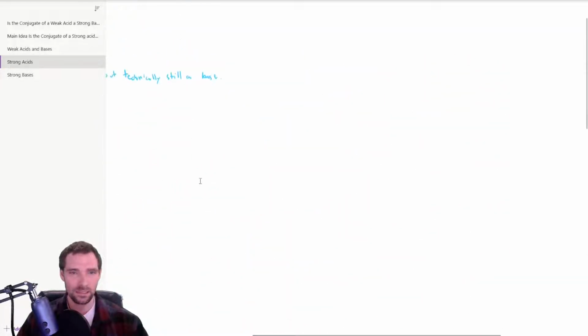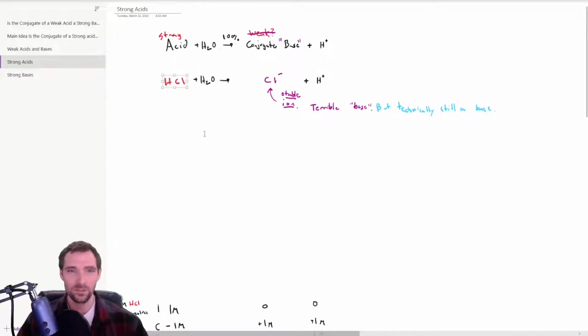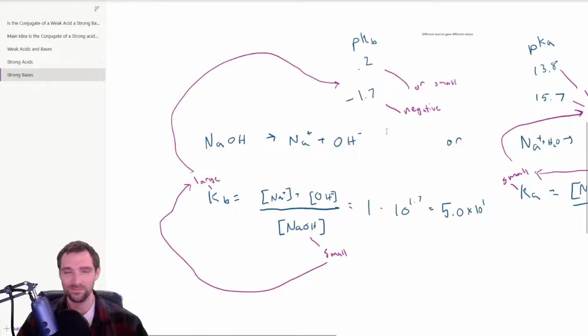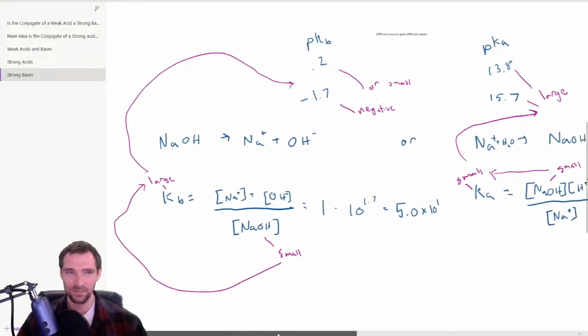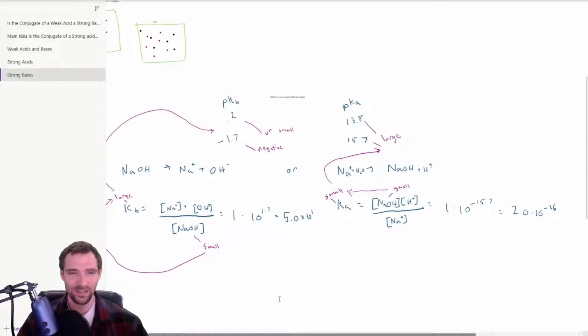And same with like the HCl. Like, yeah, sure, there might be still a couple of them floating around, but there's so few, it's kind of hard to measure them. And so they've got these inconsistent Ka values and pKa values when we're talking about the strong acids and strong bases. So just be careful with those.